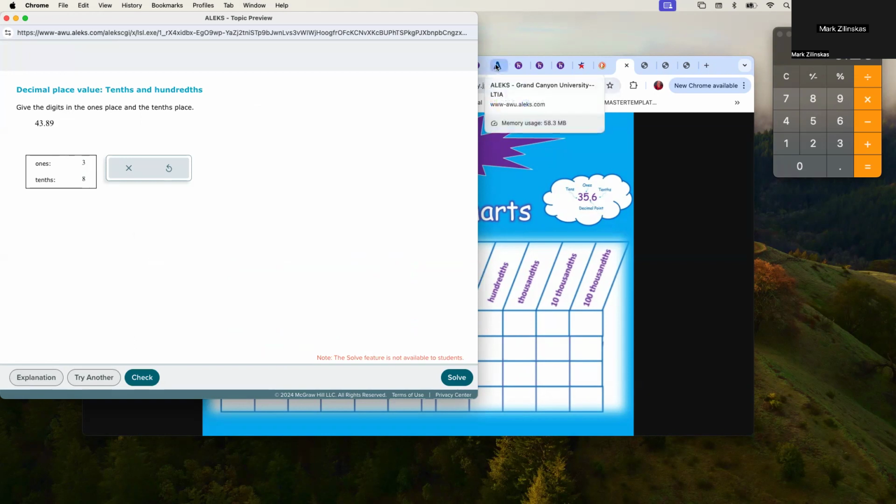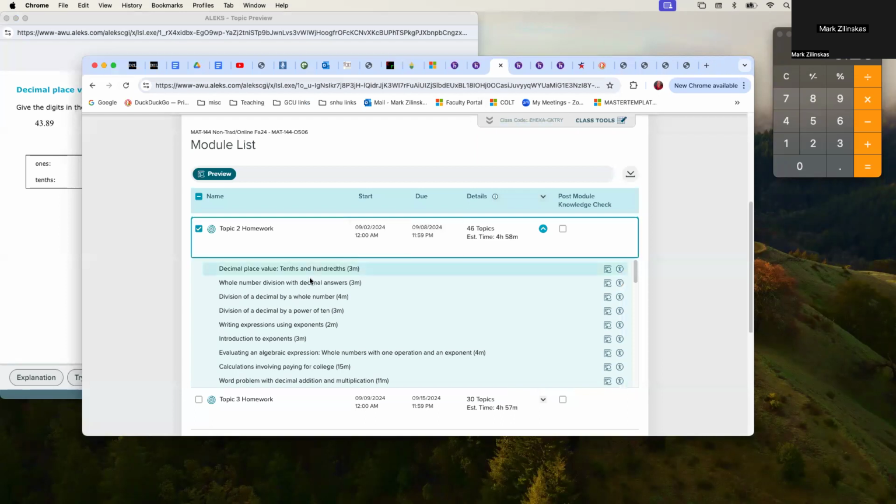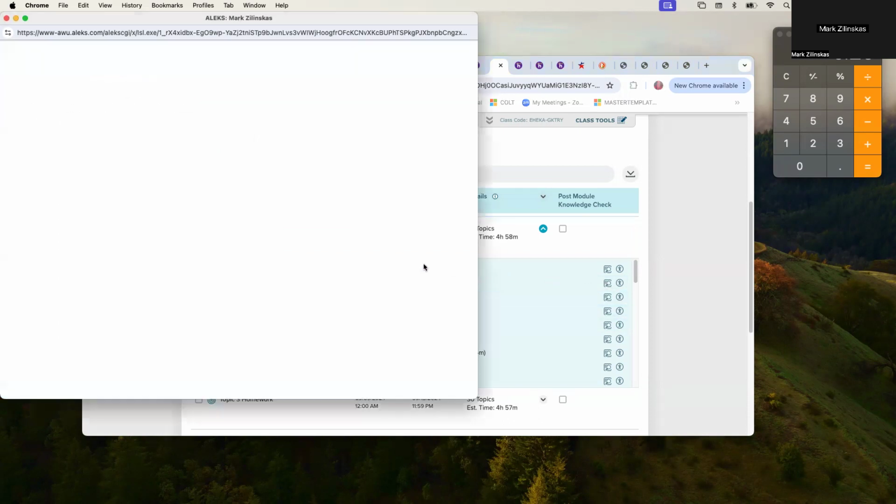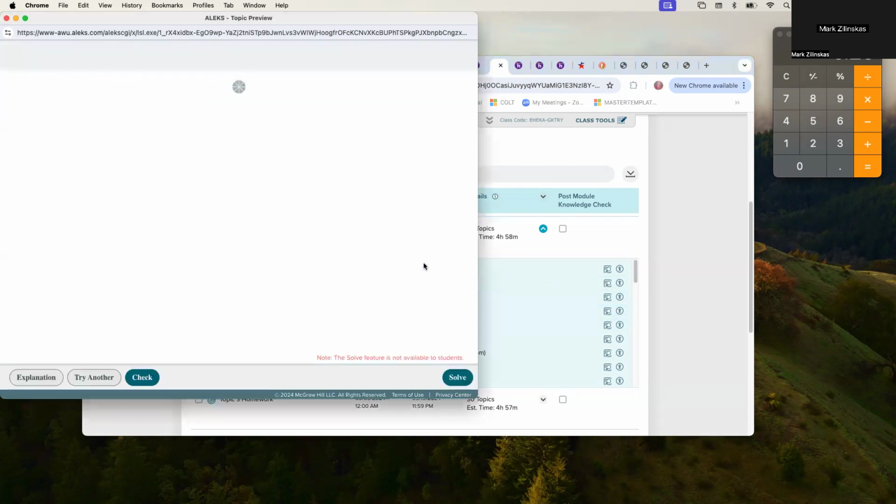So, moving on with some things, like for instance, a whole number division with decimal answers. If you're asked to go ahead and do some sort of division, notice here, there's no calculator and you would have to do long division. I would again just go ahead and use a calculator here.